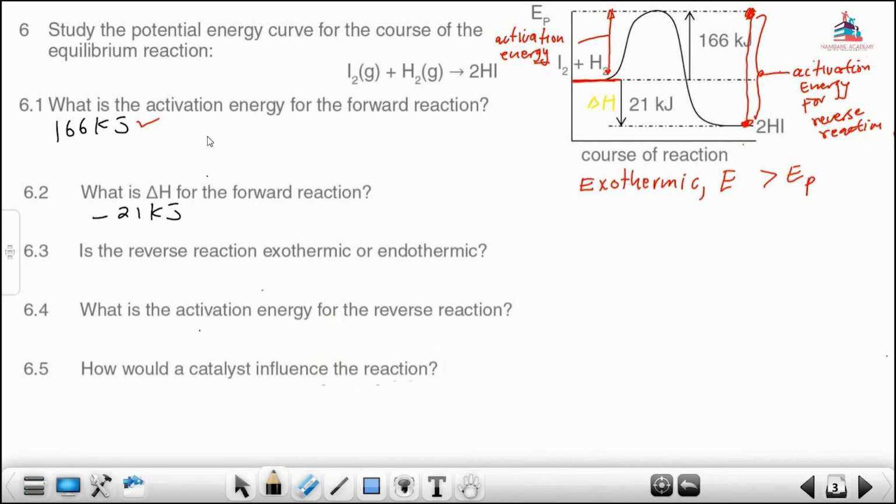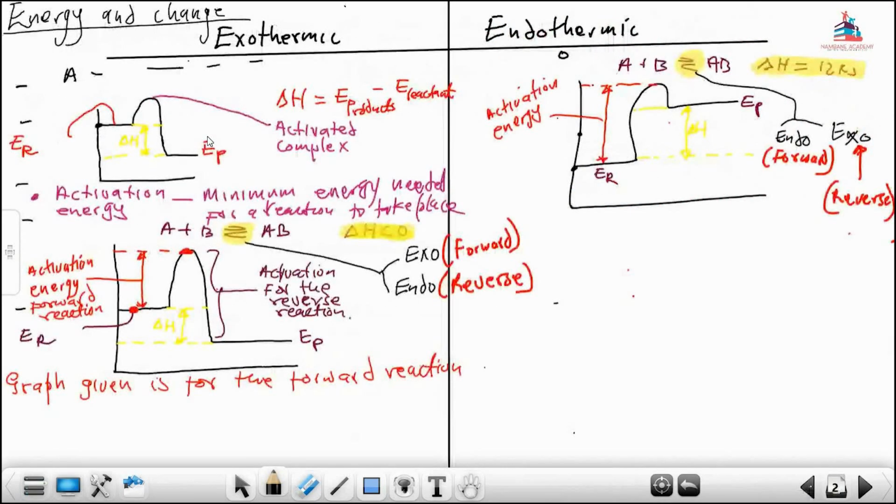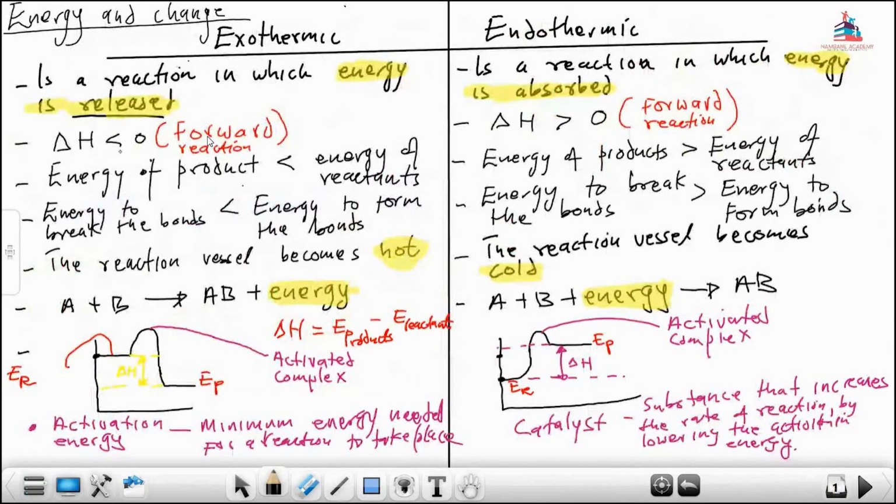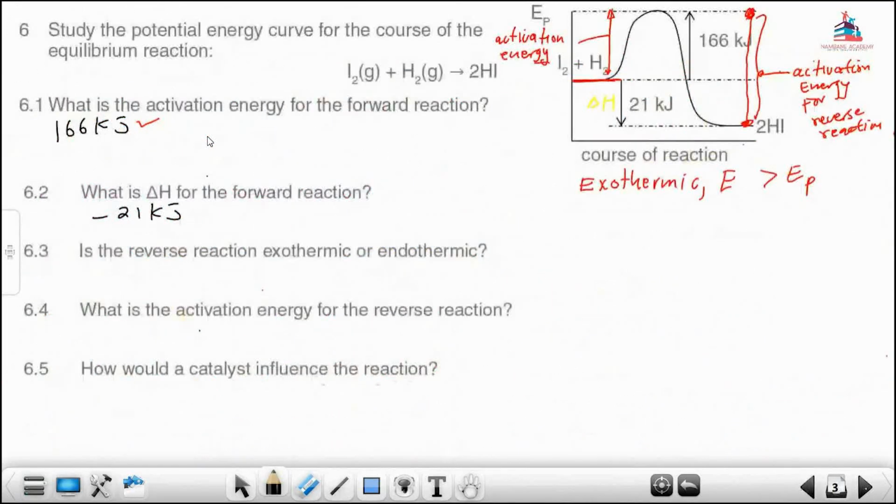Because it is an exothermic reaction. 100%. Because it is an exothermic reaction, I am expecting my delta H to be less than 0. So if you did not have that negative, you are going to get it wrong. The table we had summarizing how to compare is now coming into play. It's assisting us fully.